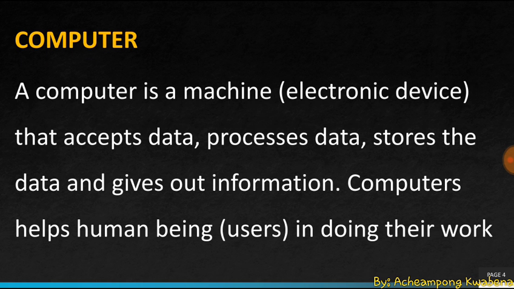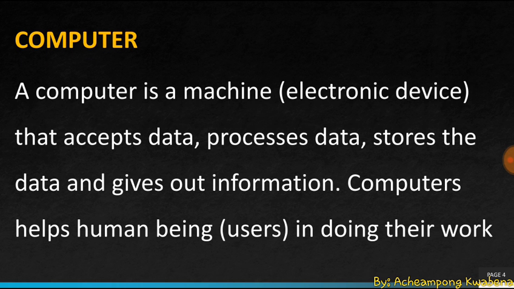So assuming you are typing your name, Efia, Amma, Kwame, whatever you type on the keyboard, you know that you have typed a letter, but the computer accepts it as zeros and ones. It will work on those zeros and ones and give you the information, which is normally seen on the monitor screen.